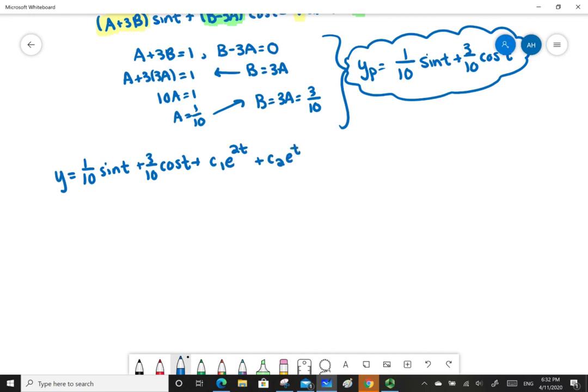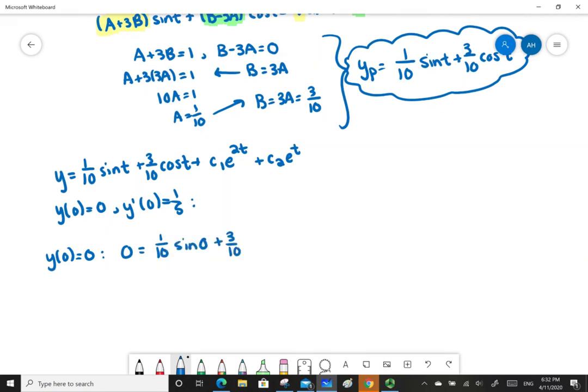And we can finish the problem by applying the initial conditions, y of 0 equals 0 and y prime of 0 equals 1/5. Since y of 0 equals 0, 0 equals 1/10 sine of 0 plus 3/10 cosine of 0 plus c1 e to the 0 plus c2 e to the 0.